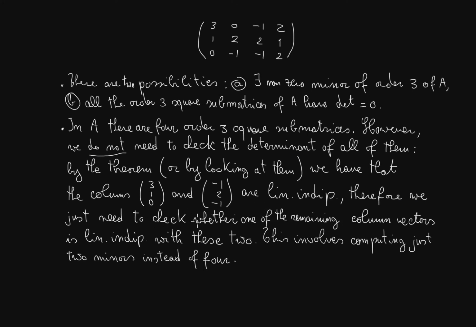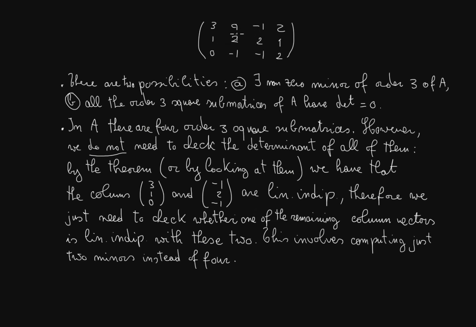Therefore, we just need to check whether one of the remaining column vectors is linearly independent with these two. The remaining ones are the second column vector and the fourth column vector of the matrix. If one of the two is linearly independent with the first and the third, then considering these 3 column vectors, I will have an order 3 submatrix whose determinant is non-zero, because the columns are 3 linearly independent vectors.